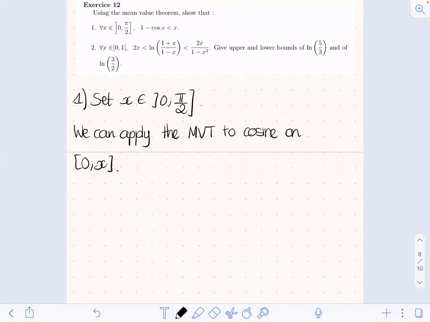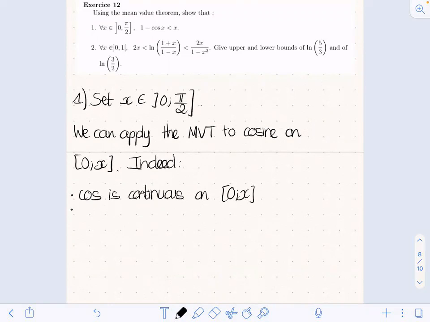So we can apply the mean value theorem indeed. Cosine is continuous on 0x. Again, I could have equally written that as cos belongs to C0, 0x.